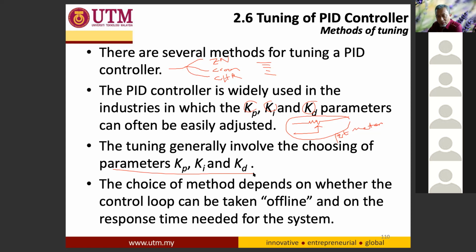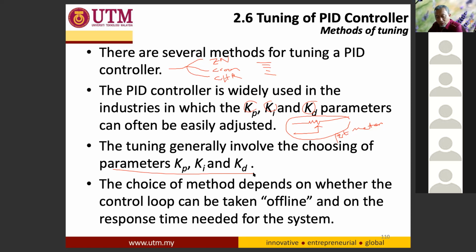Whatever it is, you must have the right model of the DC motor, either second order or third order. So you have the numbers of the transfer function, the coefficient values, and then you put them inside your computer program and simulate first, using the KP, KI, and KD, before you insert the values in the real hardware.